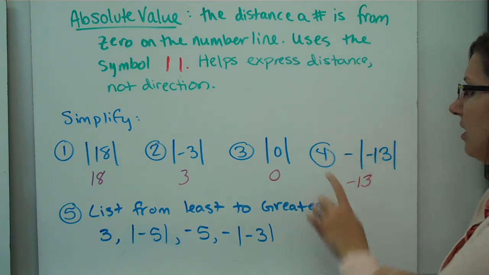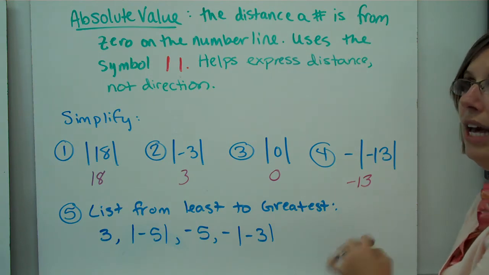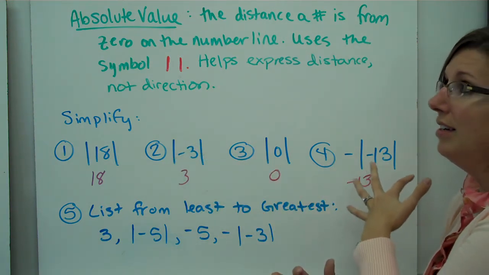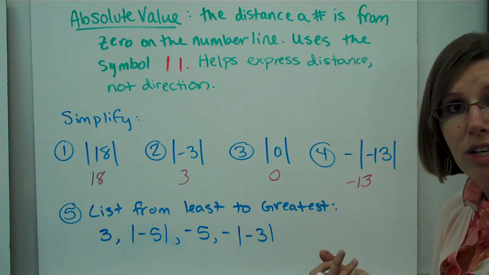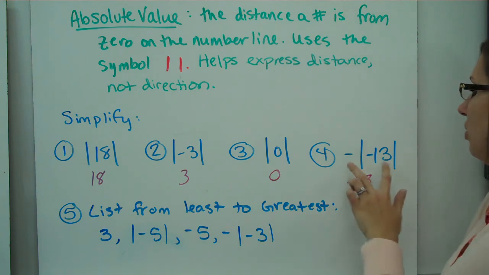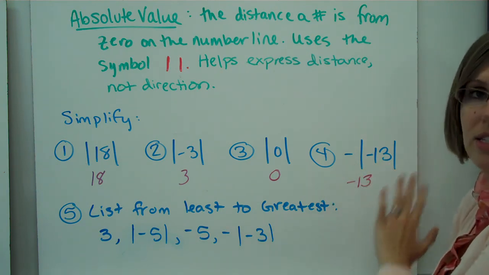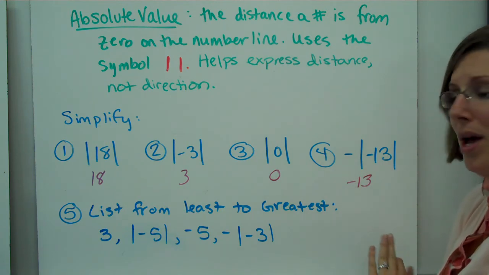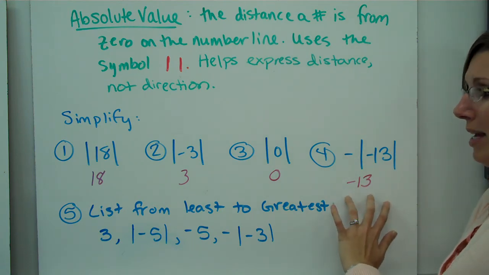So this is a scenario where if you're simplifying an absolute value expression, you actually might come out with a negative answer because there's more than one thing going on here. It's not just absolute value, it's the opposite of the absolute value. So this is where students kind of get mixed up.